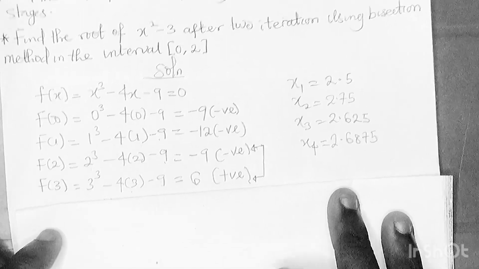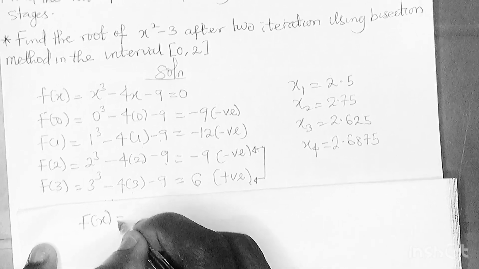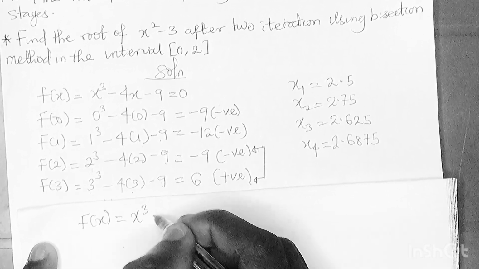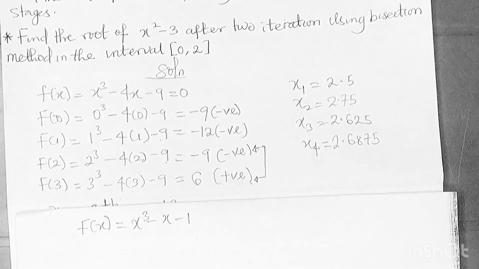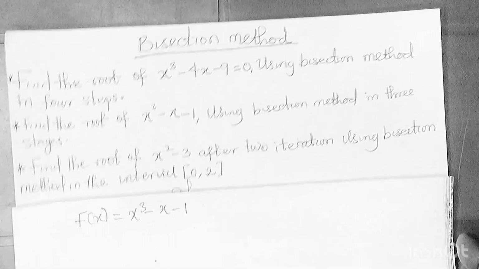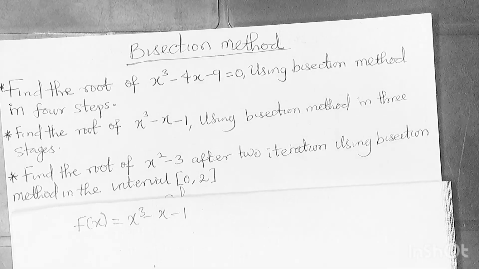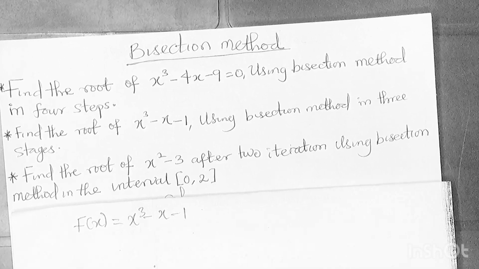So we have our f of x. Our f of x here is x raised to power 3 minus x minus 1. So how do we need to go about the solution? The same thing I did the first time. I'm sure you can now follow exactly what I did the first time.